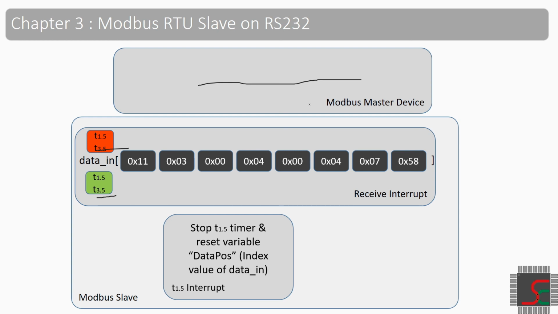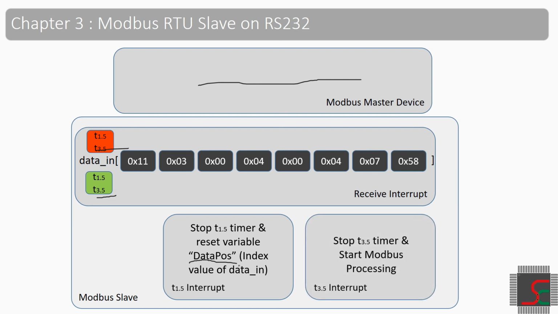In the T1.5 routine, we will clear the indexer, that is the data position variable, and stop the T1.5 timer. Otherwise the counter of T1.5 will keep on increasing, and the T1.5 interrupt will be activated again and again endlessly. After the T1.5 timer, the T3.5 timer will also expire, and the interrupt of this timer also will be activated.